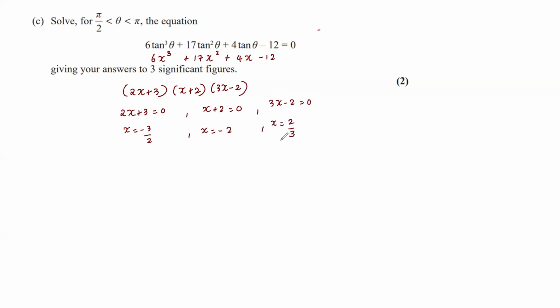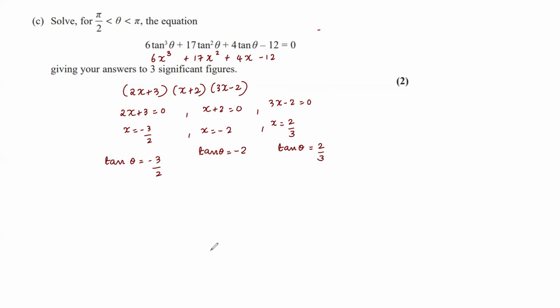These are the three values for x, and we need to find its corresponding tan values. Now, since x is being replaced by tan theta here, tan theta is equal to minus 3 by 2, and tan theta is equal to minus 2, and tan theta is equal to 2 by 3.